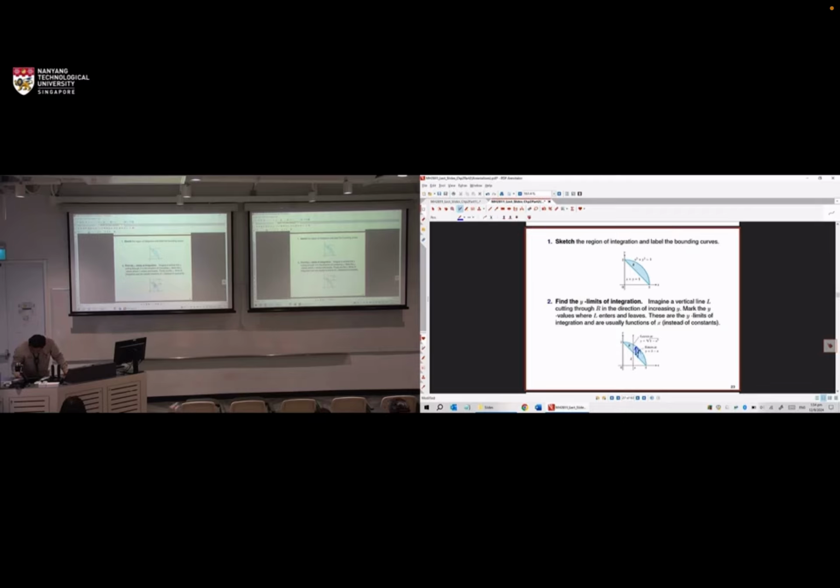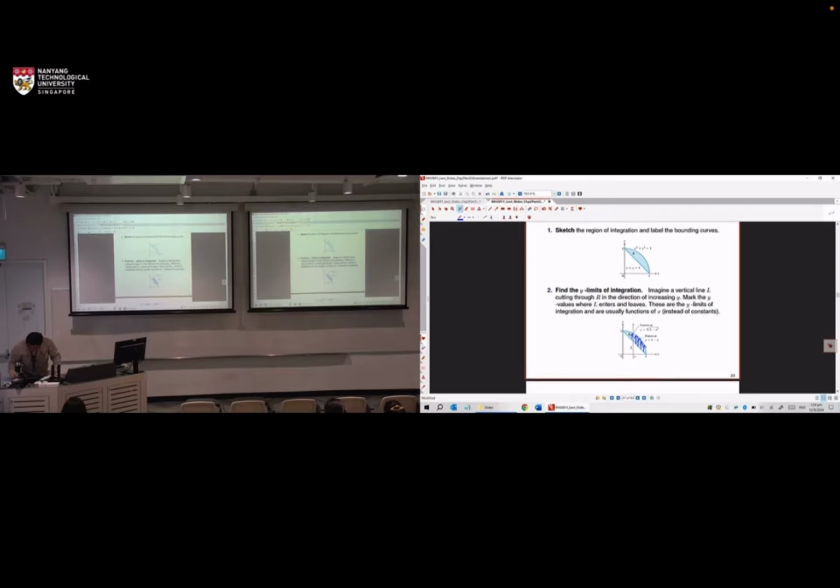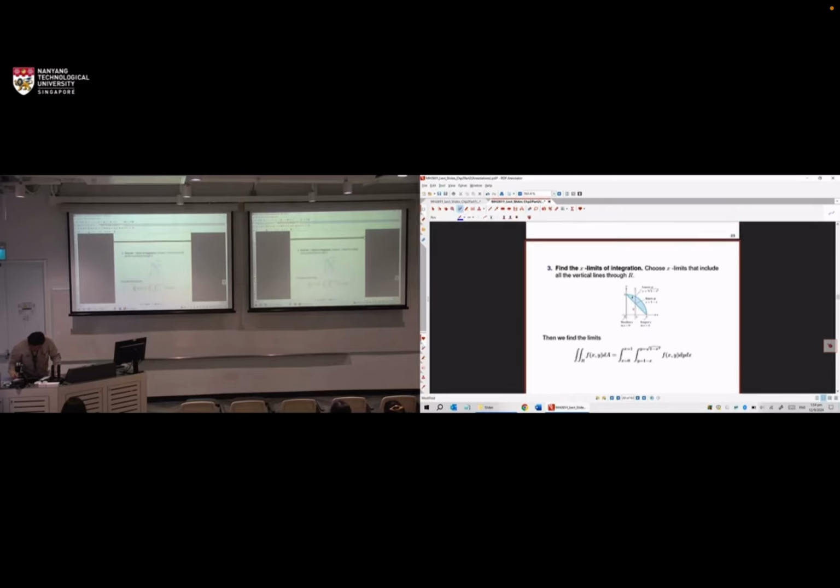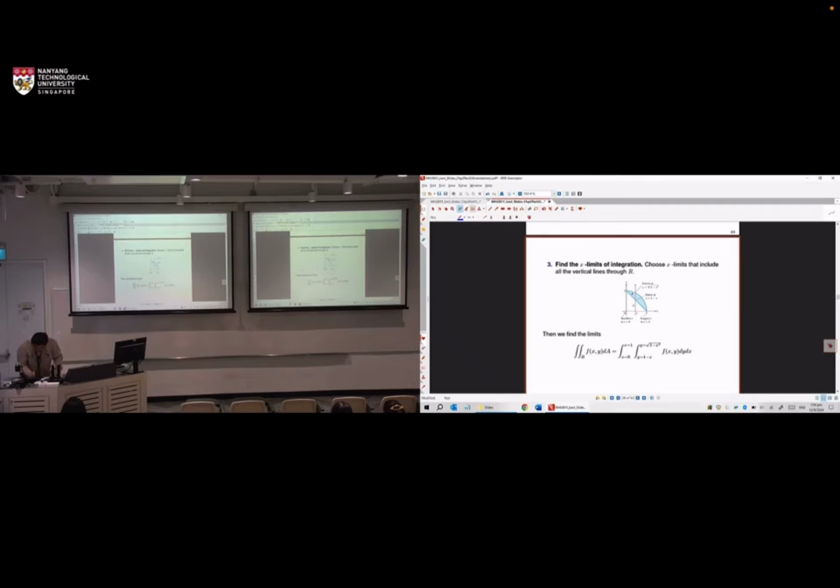I like to draw this bottom to top. Here I want you to take note: to enclose the shaded region, the smallest possible x is x equal to 0, and the largest possible x is x equal to 1.